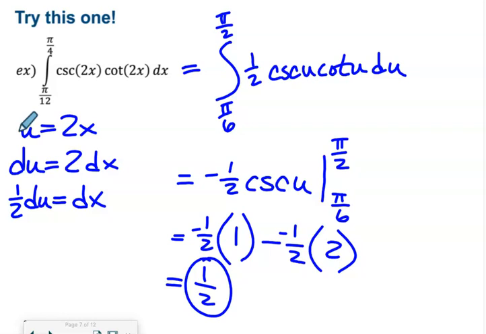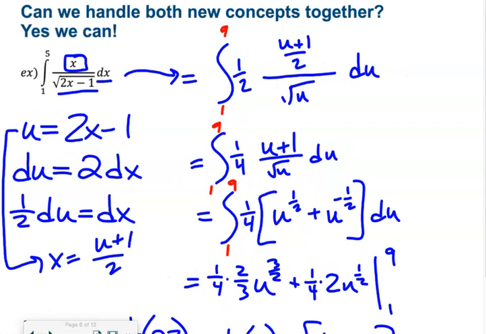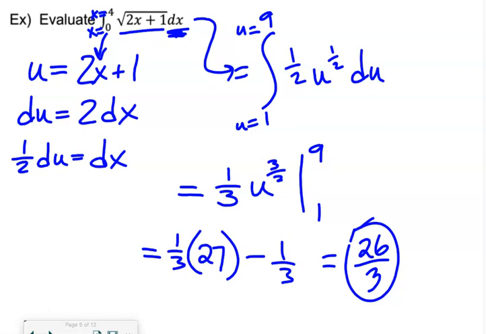So if your u is, for example, 2x, or 2x minus 1, or 2x plus 1, and it's not a special case, you can do the integral without a u substitution. It saves you a lot. But I don't teach this until after you've learned u sub, so you get comfortable with u sub.